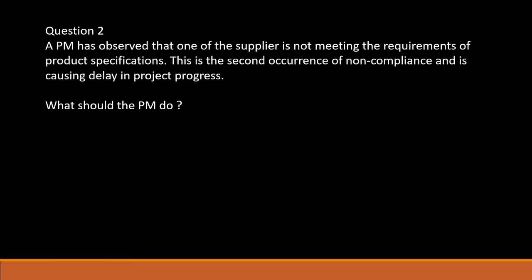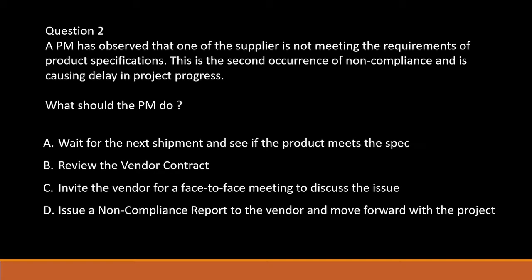The options are A. Wait for the next shipment and see if the product meets the specifications. Option B. Review the vendor contract. Option C. Invite the vendor for a face-to-face meeting to discuss the issue. Option D. Issue a non-compliance report to the vendor and move forward with the project.